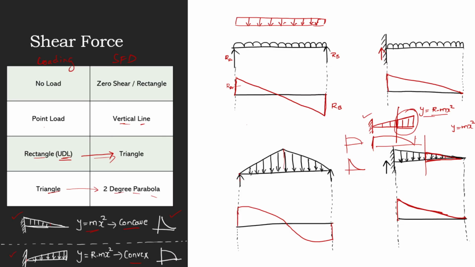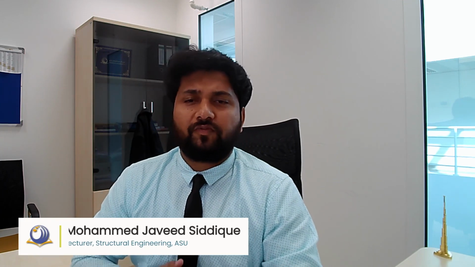This is how we should draw the various different forms of shear force diagrams. I will stop here because the video is getting lengthy, and I will do the bending moment separately. I will continue this part in the next chapter as bending moment. We will see similarly how we can draw the bending moment diagram for all these cases.